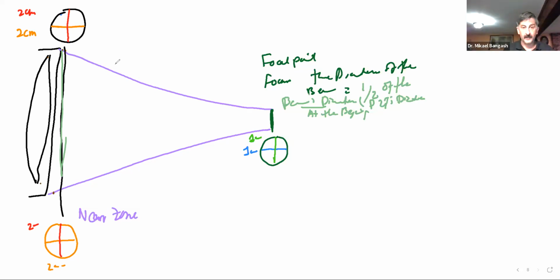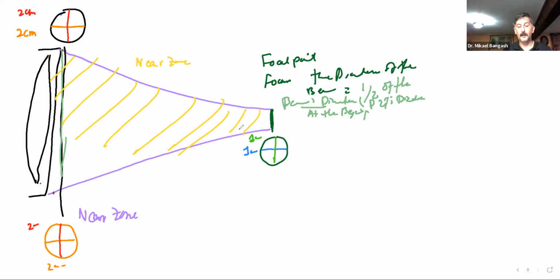And this whole area here is what we call the near zone.